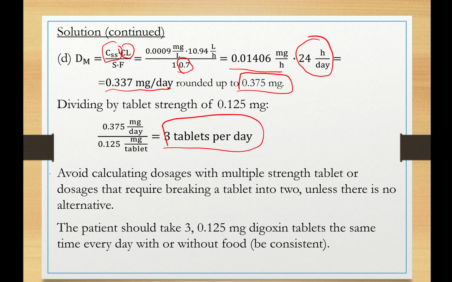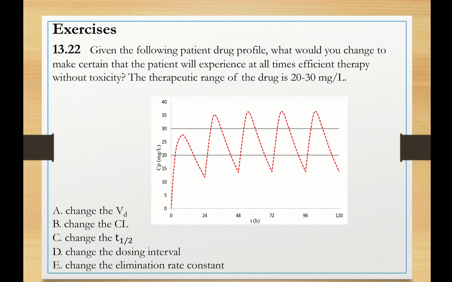It's a good habit to avoid calculating doses with multiple strength tablets. That would be very difficult for the patient. So the patient should take 3 0.125 milligrams digoxin tablets at the same time every day, with or without food, and you have to be consistent there. And that's basically how we calculate the loading and maintenance doses.